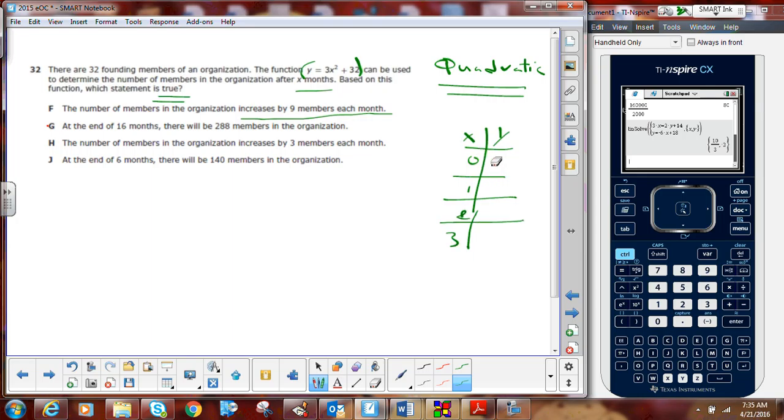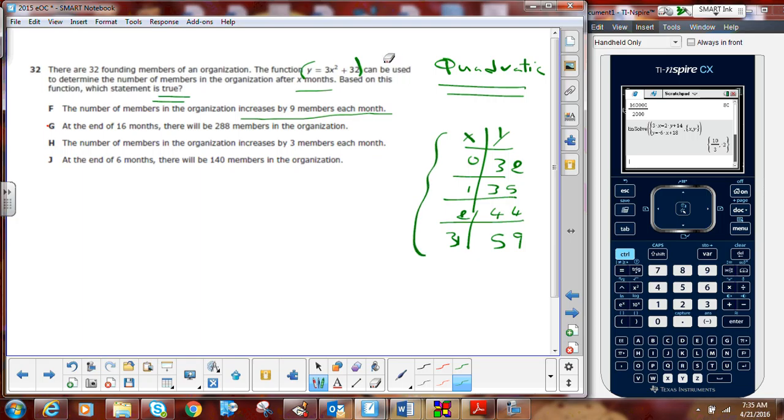So for 0, you're gonna have 32 members, means 0 months. Now for 1, you're gonna have 35. For 2, you're gonna have 44. And then for 3, you're gonna have 59.